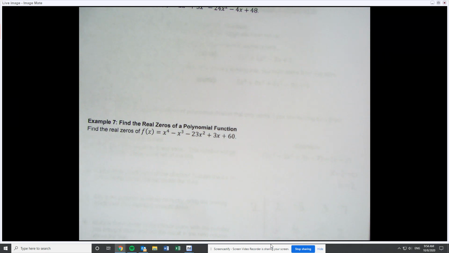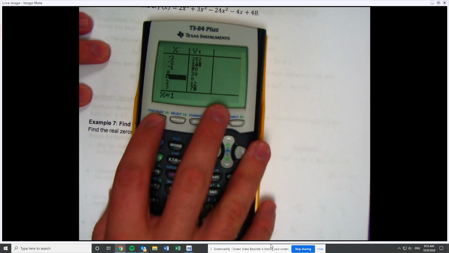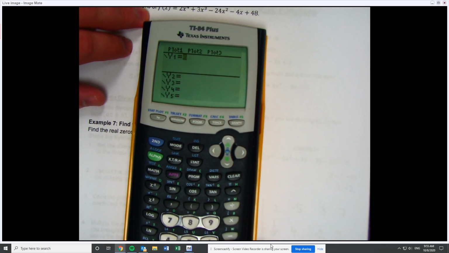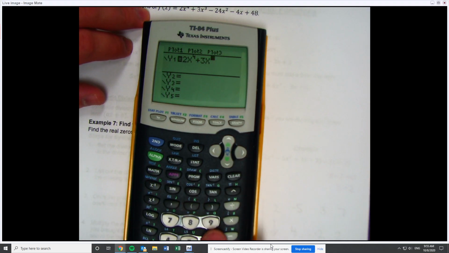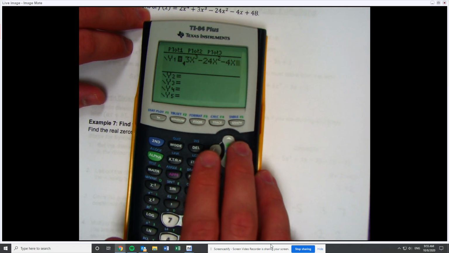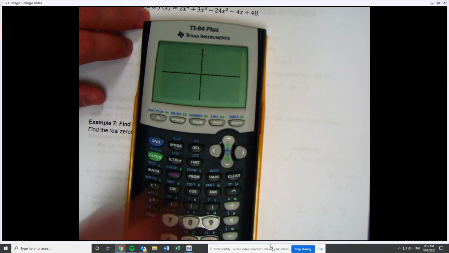All right, so what we're going to do is start the same thing. Looking at this one, I'm going to type it in. So I have 2x to the fourth plus 3x to the third minus 24x squared minus 4x plus 48.